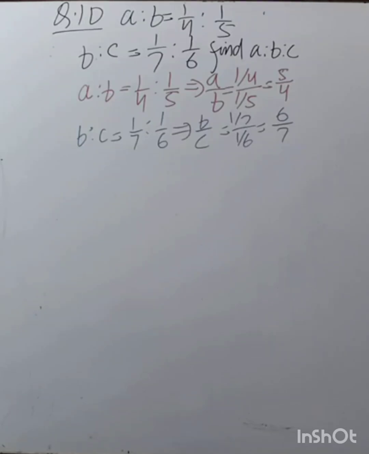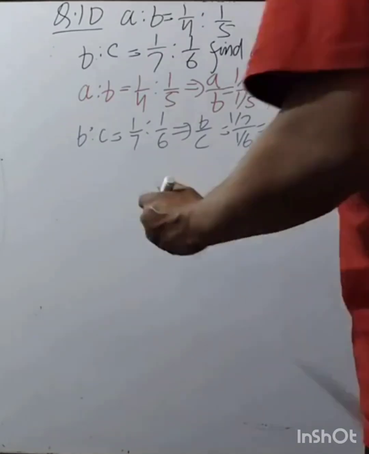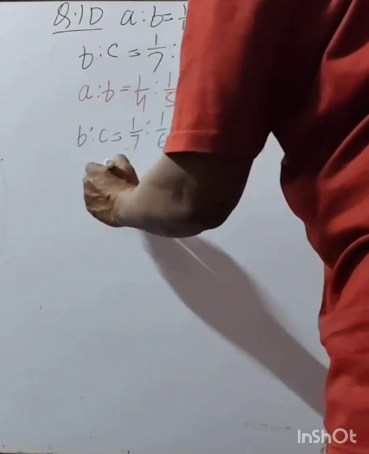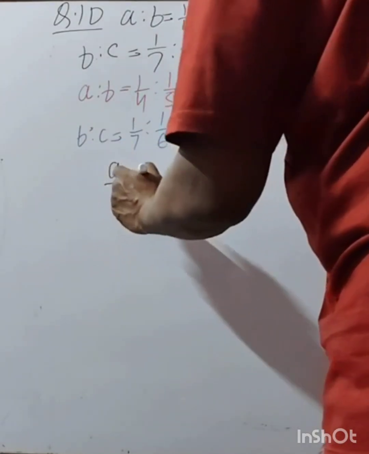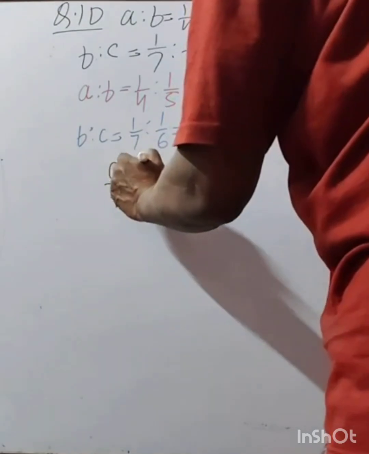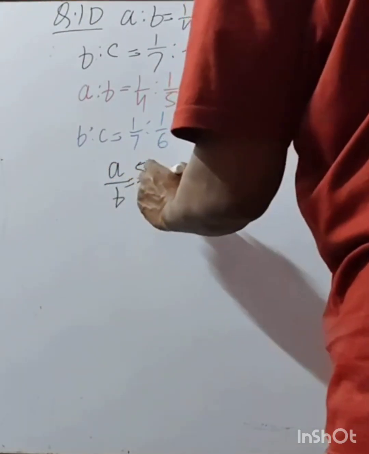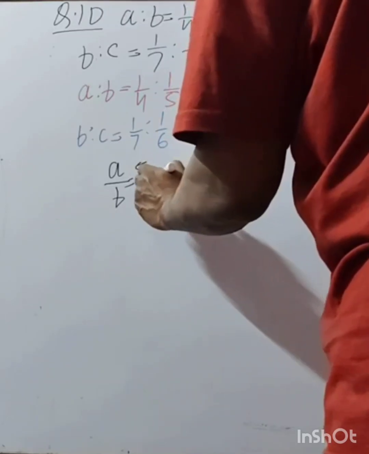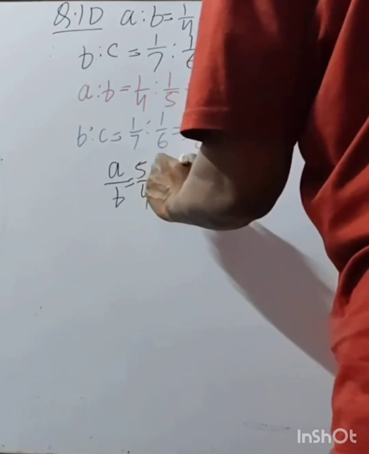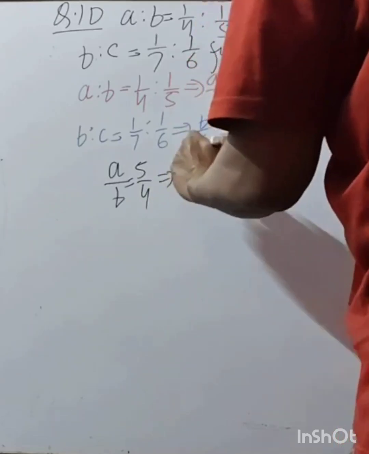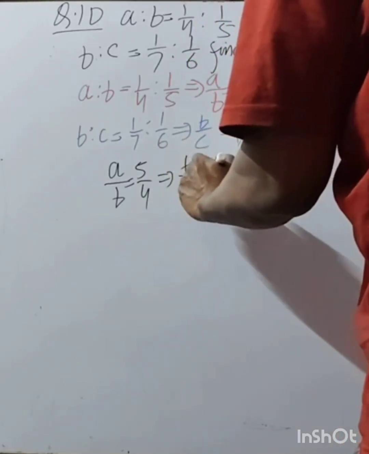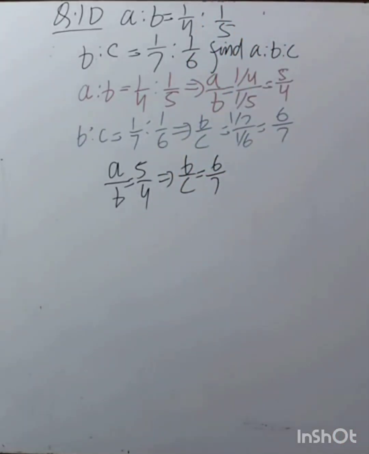Now you get A upon B is 5 by 4, and B by C is equal to 6 upon 7, right?